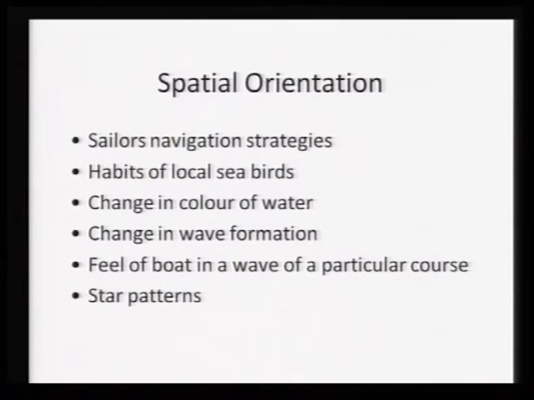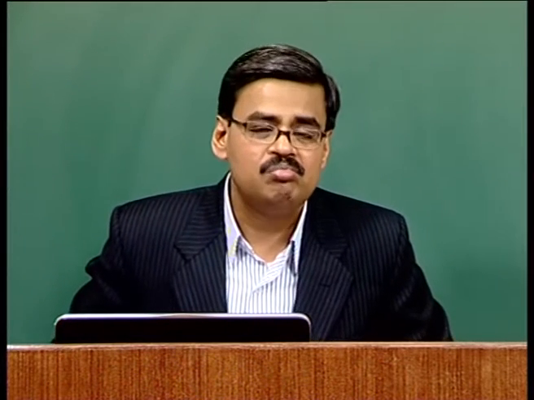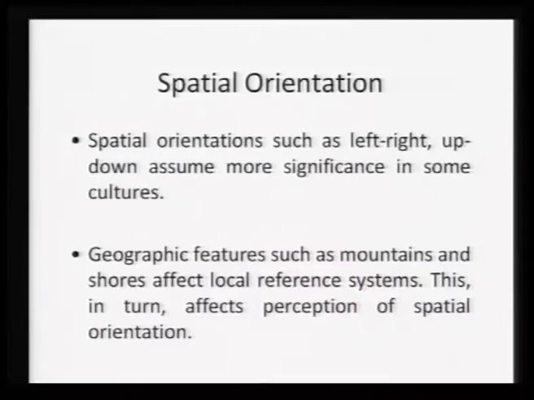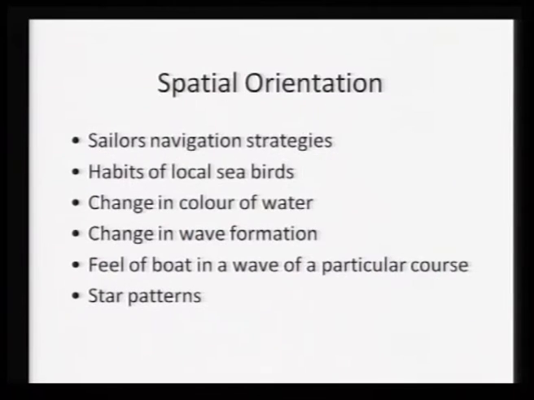When you look at the behavior of sailors who go in the sea and stay there for a long time, very interestingly they do not have these reference systems available with them. They do not have the mountains, they do not have the shores available to them, so that they can use them as their reference points.